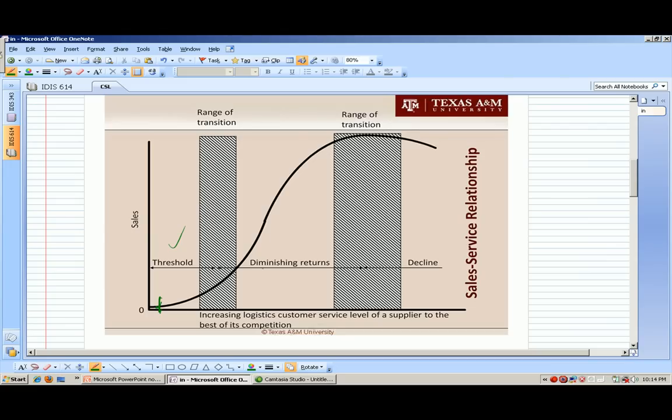The reason we call this diminishing return is initially when you make a change, you see a bigger improvement. Let's say I increase my customer service level from 60% to 63%, 3% increase, and I see this much revenue increase.